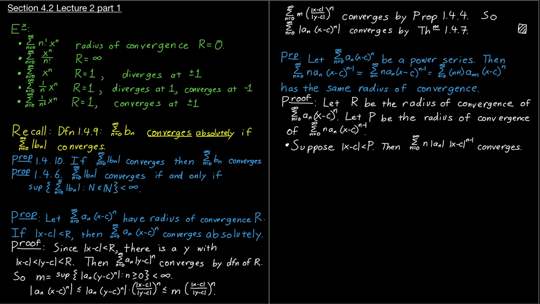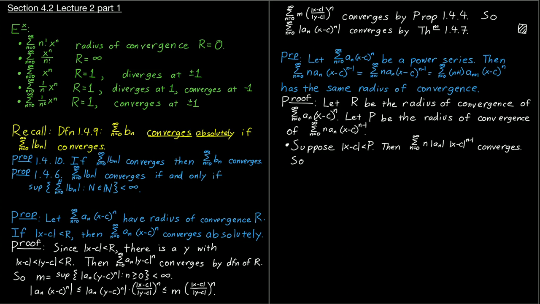And so, I don't think this is actually proven explicitly anywhere in section 1.4, but you can show it's true pretty easily. If you've got a series that converges and you multiply each of the terms by the same constant, then it still converges.